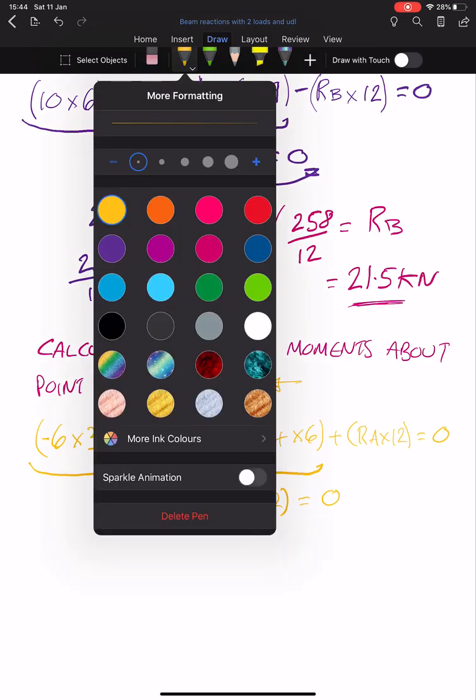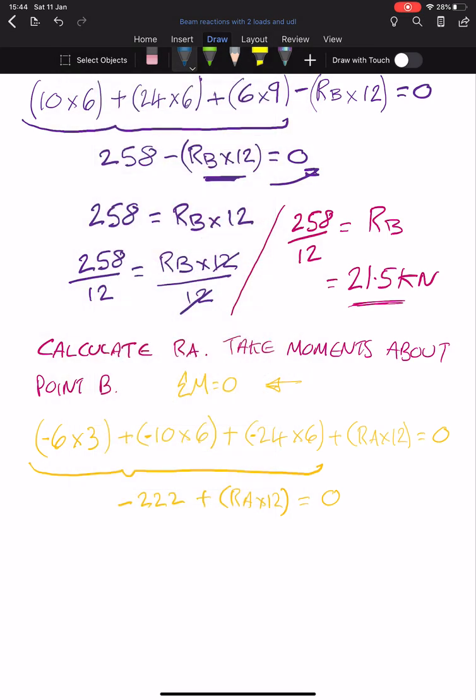So as before, I'm going to take this over here. It's a negative number there, so I'm going to bring it across and make it positive. So I get RA times by 12 equals 222, because it's a negative number there, and you've got to add it to both sides.